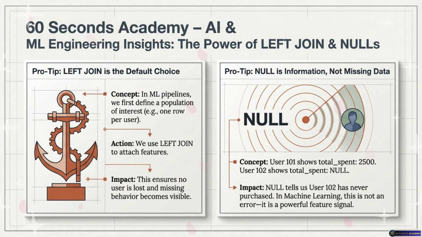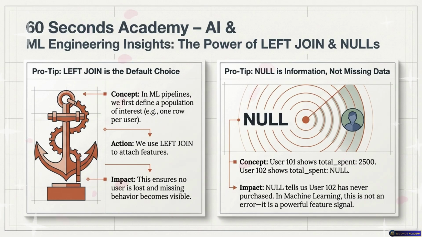You handle it in Python later. But the critical victory is that you captured the reality of the situation at the database level. You preserve the fact that this person did not buy. So the left join is really the hero of feature engineering. It keeps your population intact, it prevents accidental bias, and it highlights non-action through NULLs.